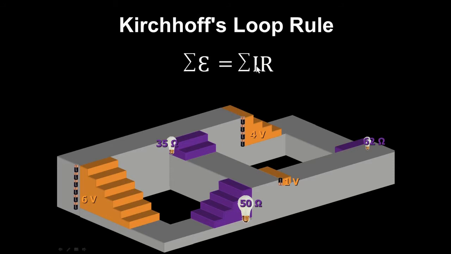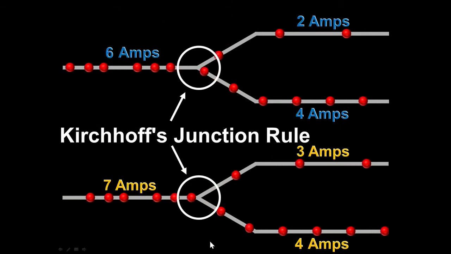Because when you send current through a resistor, current times resistance would be the drop. So raised it, dropped it, dropped it. And that's going to be true for any loop. And that makes sense. Just if we start here and we go around the loop and we get back to there, the total steps up should equal the total steps down.